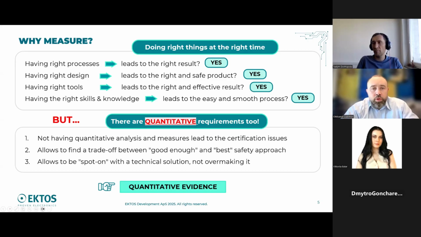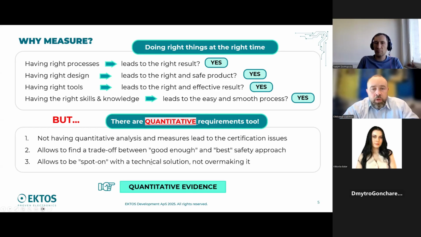This is super important to have, but at the same time, we have actually a quantitative part of the game, which is not that fruitful to address in the first place. And why do we need this quantitative part of the development process? Well, first of all, we do have some requirements for the quantitative part, and we will be covering those a little bit later in the presentation.